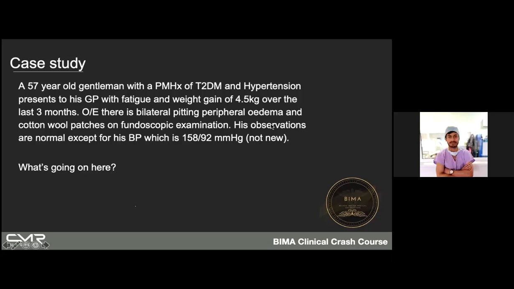Okay, I'm liking everyone's thought processes here. We've got a lot of diabetic retinopathy, diabetic nephropathy, uncontrolled diabetes. None of you are wrong here.